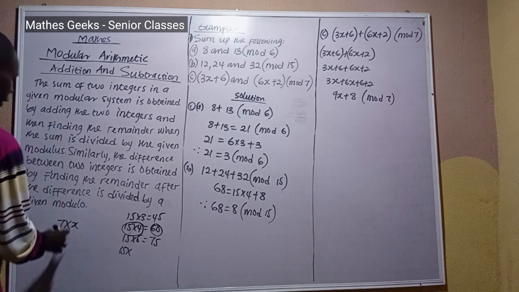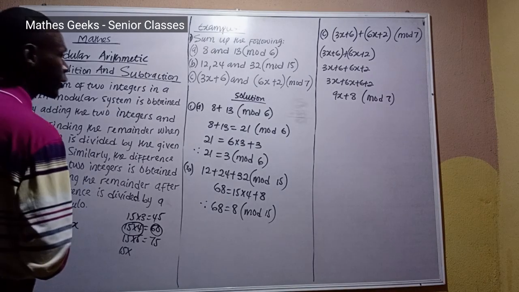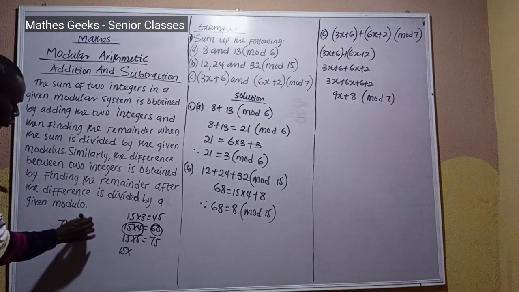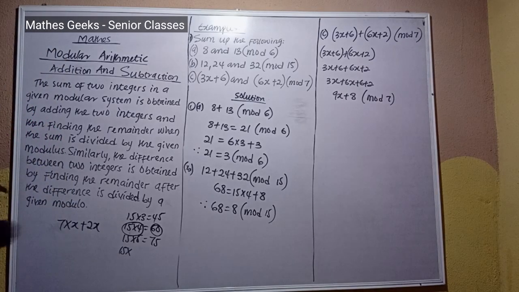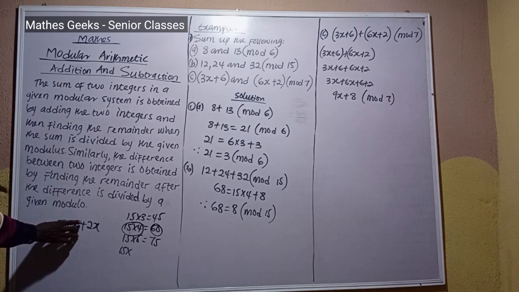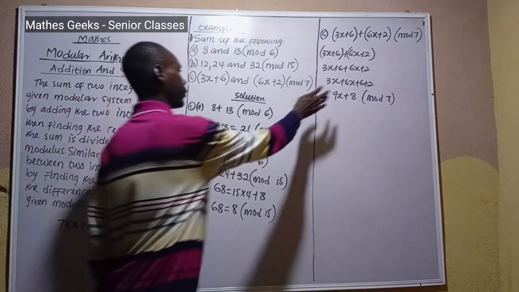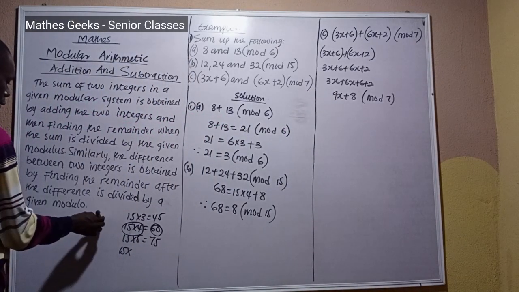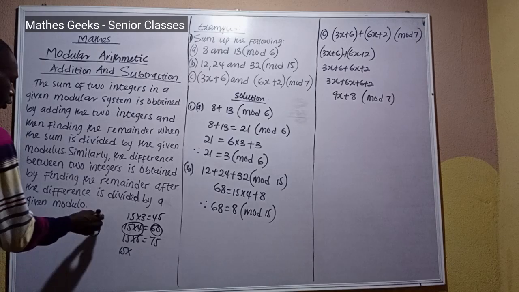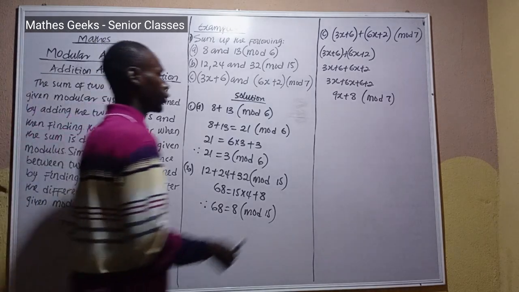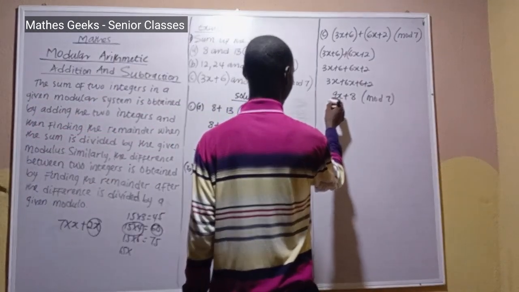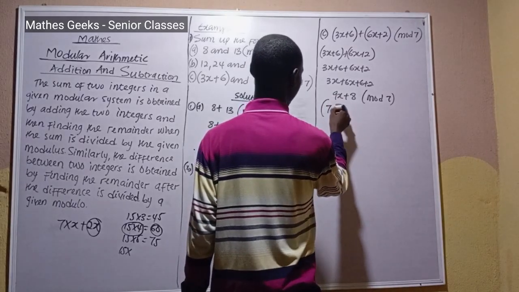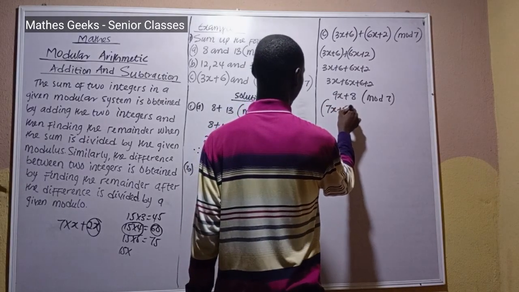What would you add to 7x to get 9x? That will give us plus 2x. So these 2x are the remainder. So this will give us 7x plus 2x.